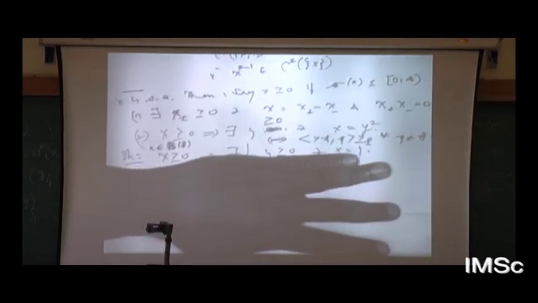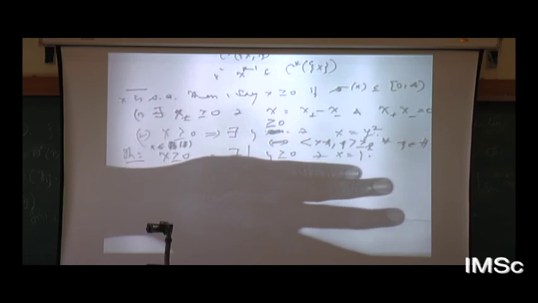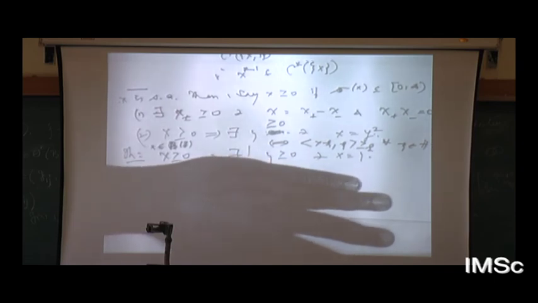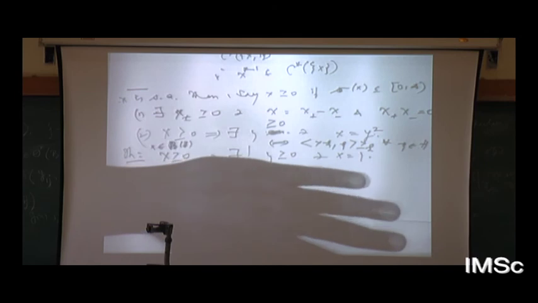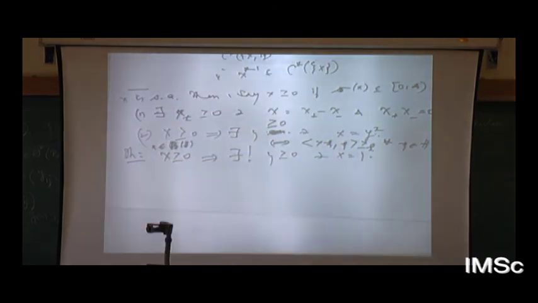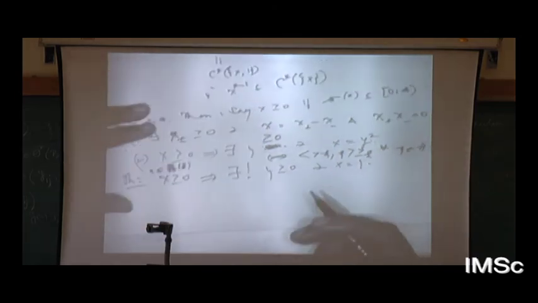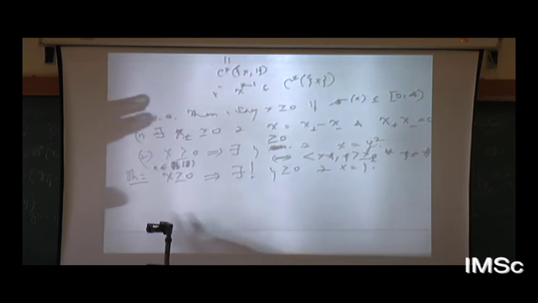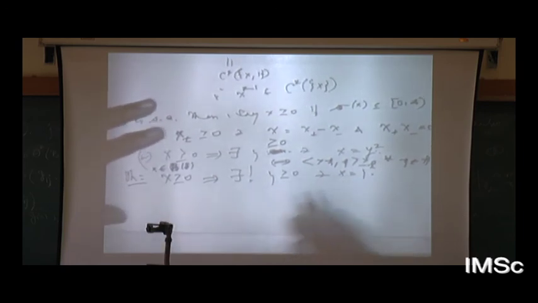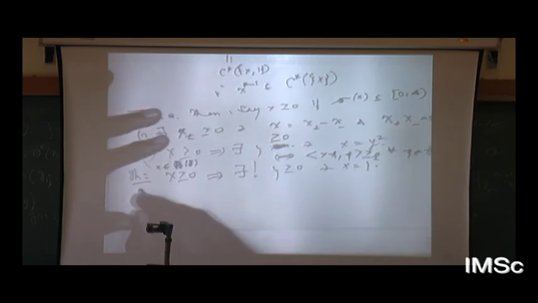So far we were lucky in that we could do everything inside the C star algebra generated by X, which is a commutative object. So there's no problem with statements. But the point is that a priori, this Y. So what do I want?